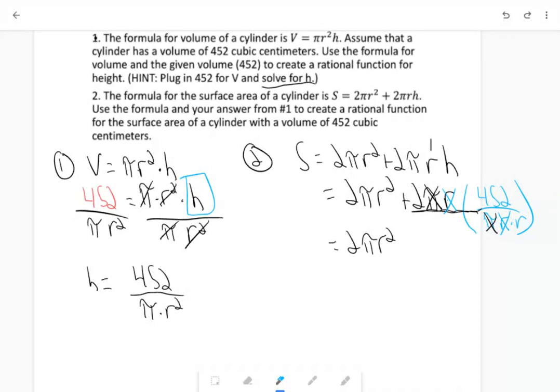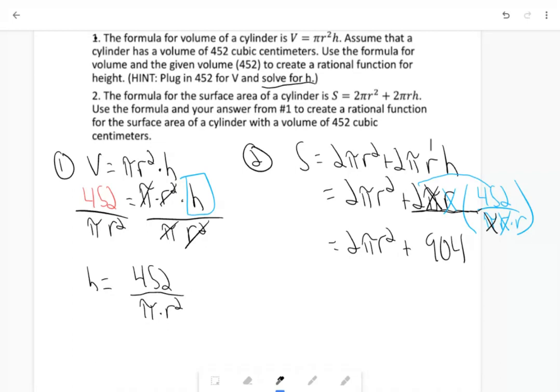So what do I have left in the second term? I have 2 times 452 left in the numerator. If I multiply that out, and use a calculator if you need to, I have 904.